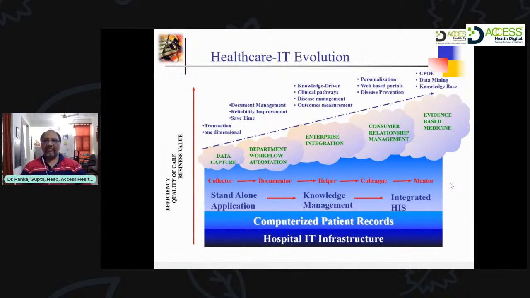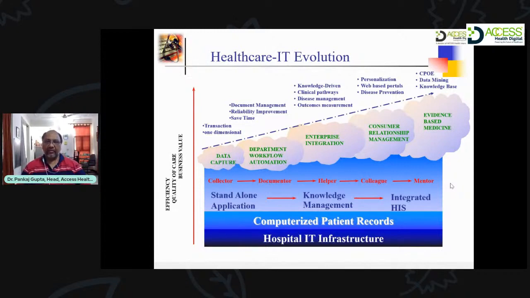The next level is evidence-based medicine. In evidence-based medicine, CPOE comes at the top. Now CPOE is basically where all the data is required to make decisions happen. CPOE is where the system is looking over the shoulder of the doctor and telling the doctor that maybe these are a few more things you may want to look at.